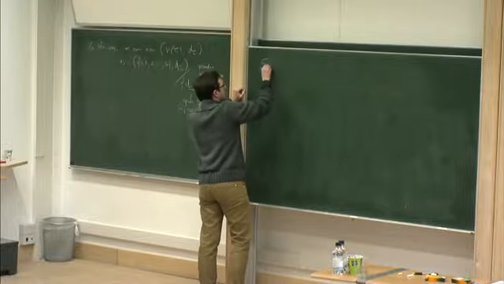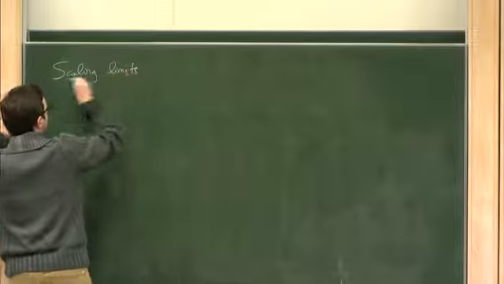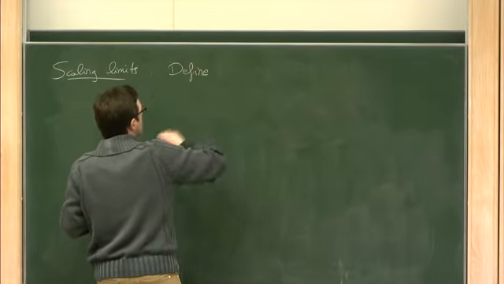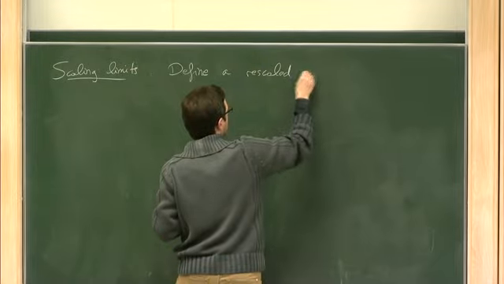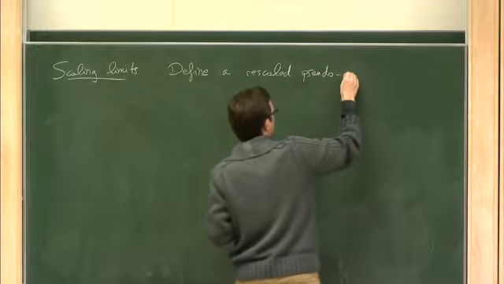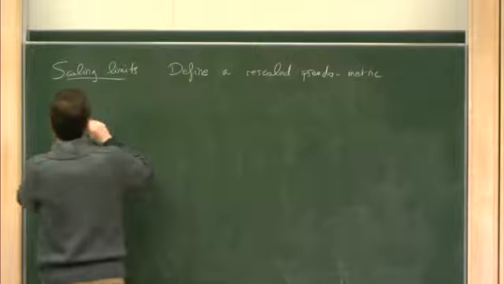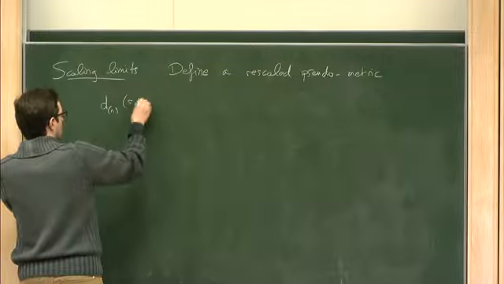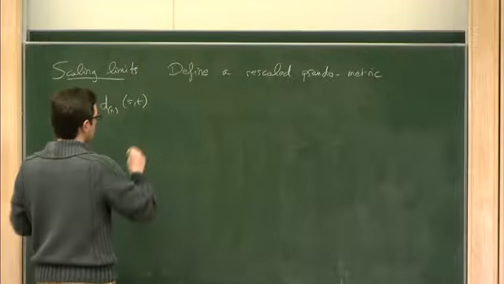So let's now take scaling limits. Define a rescaled distance, let's call it dn of st. I want to take this discrete interval from 0 to 2n and rescale it into 0, 1.